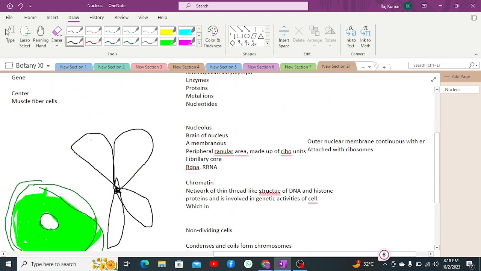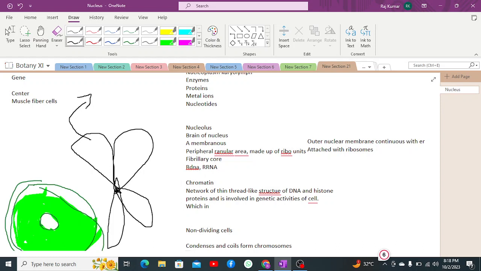Once the nucleus is stained by any stain, any chemical, the chromatin network is divided into two parts. There are two major colors of chromatin. First is heterochromatin, which is darkly stained.